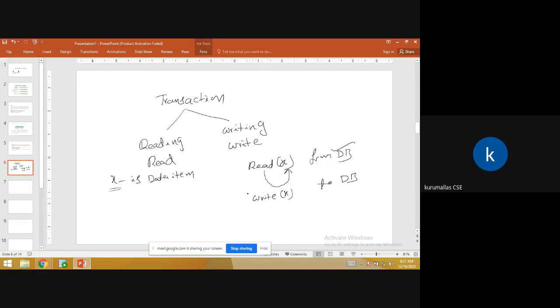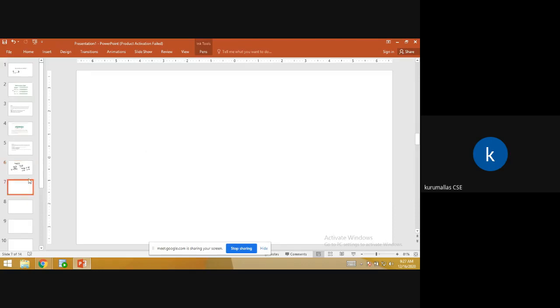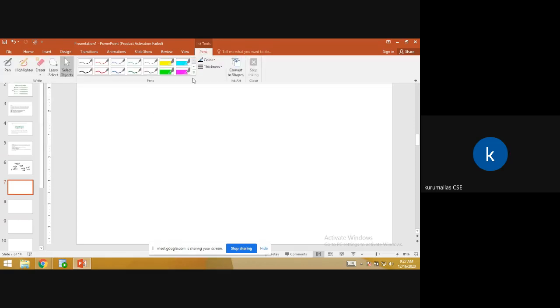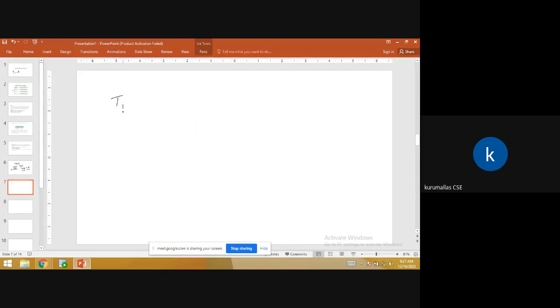For example, we have one transaction called T1.